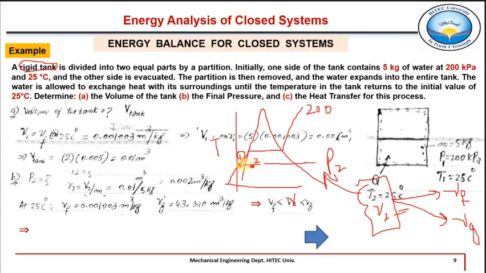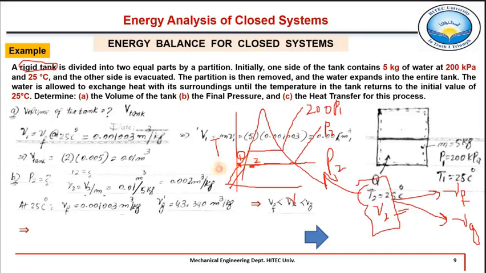So from 1 to 2, what has changed? Temperature is the same, but at point 2 there is some low pressure. So this was P1, 200 kilopascal, and this is P2. So we can find out the pressure at this point 2, which is in mixture region, at the same temperature.